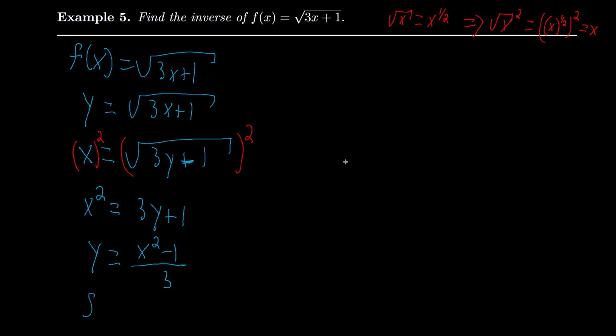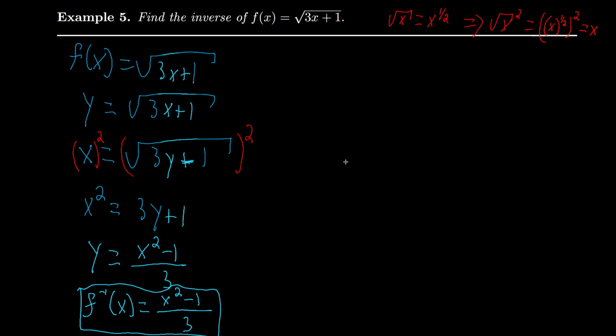So then our inverse, f inverse of x, is just x squared minus 1 over 3. So that's it. So that's all that there is to finding this.